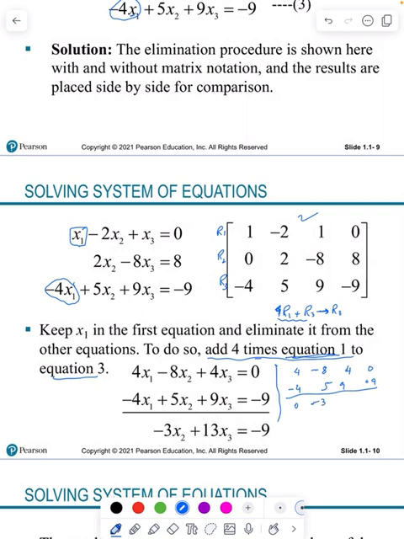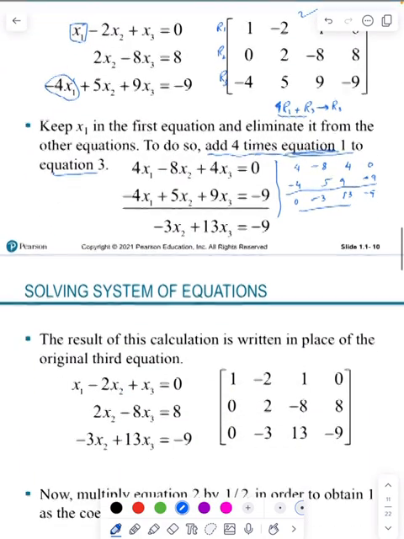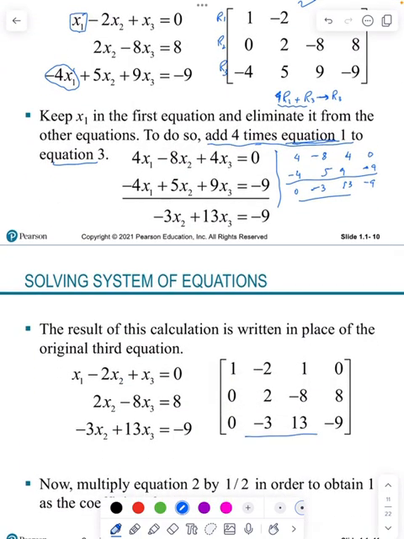So we get negative 3, and then 4 plus 9 is 13, and 0 minus 9 is negative 9. The third row is this new row. The first and the second row remain the same.